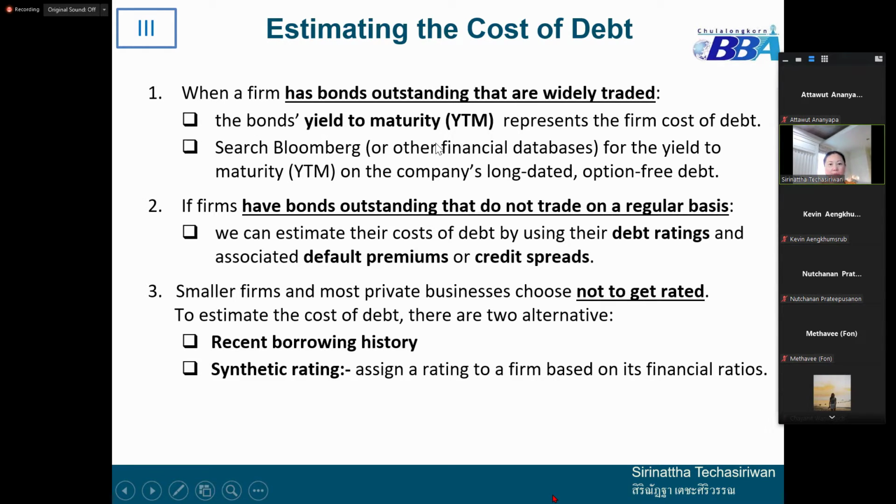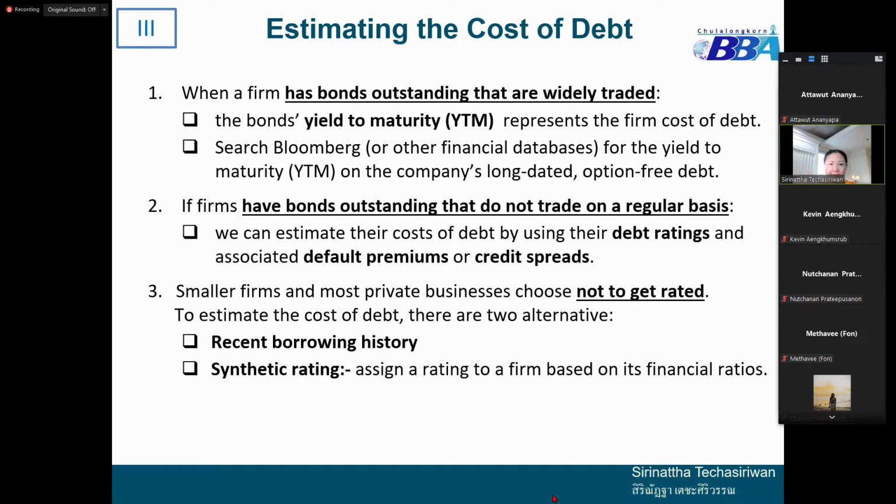This yield to maturity is the required return at that time, the current cost, right? And the yield to maturity is provided by data sources, of course Bloomberg, which is the most popular source that practitioners use. So you can just look at the Bloomberg terminal and find the yield to maturity of the long-term bond of the company that is actively traded.